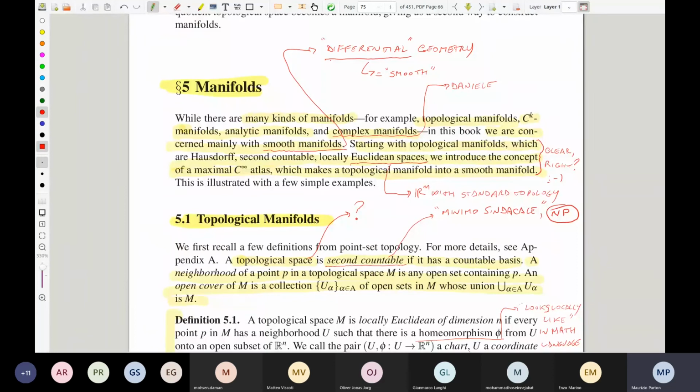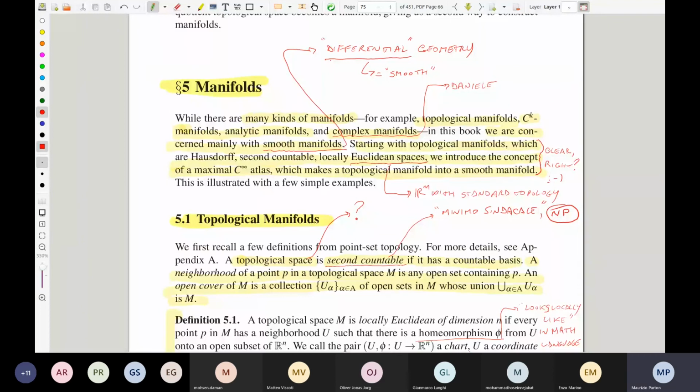Do you agree, at least qualitatively, that we should start with the notion of continuity? So we should say what is the minimum we require in order to have continuous functions and so on. After that, we will look at the fact that you also want to take derivatives.